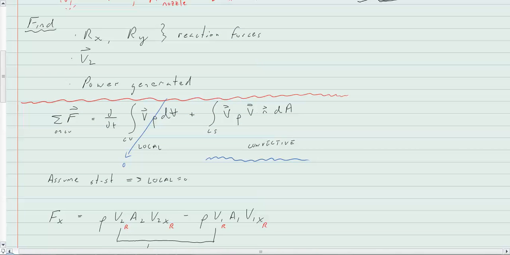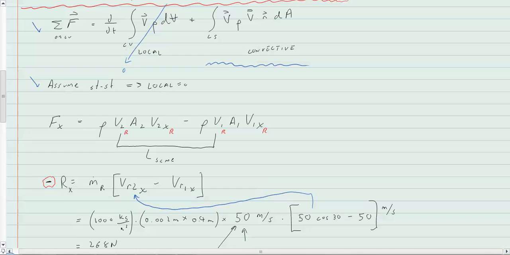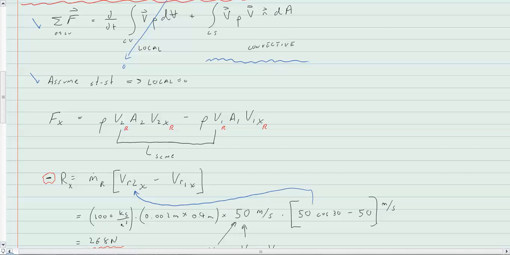Once again, we work through the Reynolds transport theorem, noting the local and convective terms. We assume steady state, which eliminates that local term. We then decompose the force into Fx, looking at it from a perspective of relative mass flow rate, m_r.